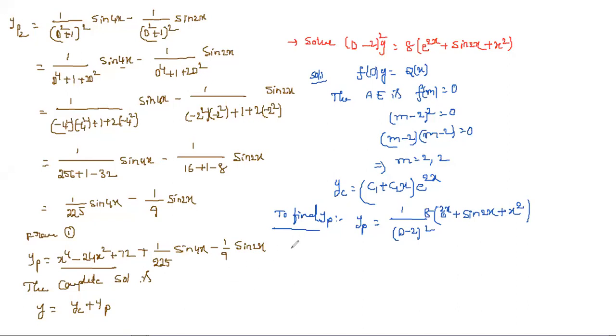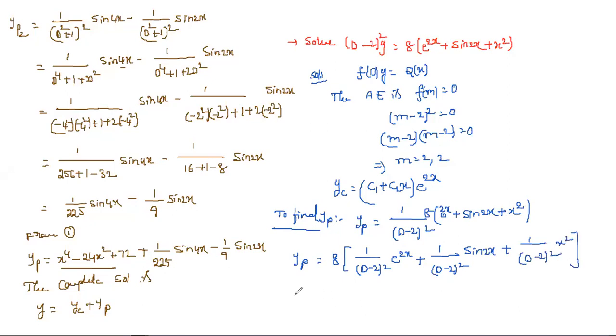And then yp, you can split this one: 8 into 1 by D minus 2 whole square into e power 2x, next plus 1 by D minus 2 whole square into sine 2x, plus 1 by D minus 2 whole square into x square.